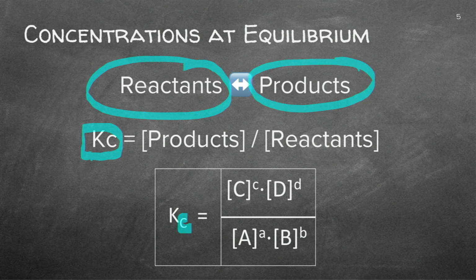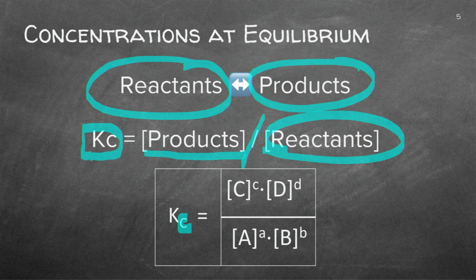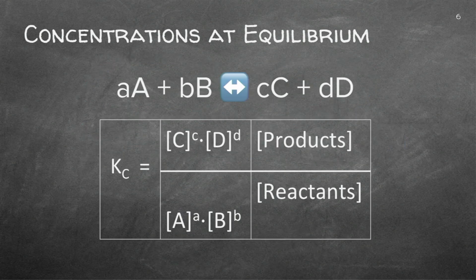Now there's a few rules. You put the products at the top. Can you see there? It's the concentration of products divided by the concentration of reactants. If I've got a reaction which is the following, I've got A and the moles of A is a. I've got B and the moles of B is b.